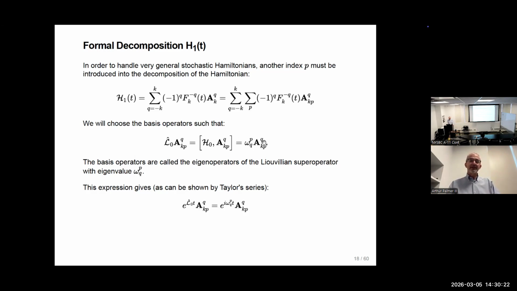So this is convenient because if this is true, then the exponential of L0 acting on a basis operator must just give back the exponential of the frequency. And I'm missing an I here.